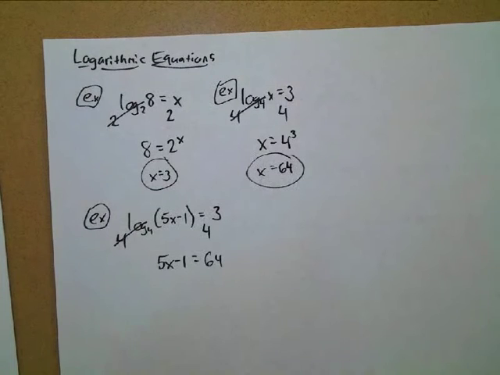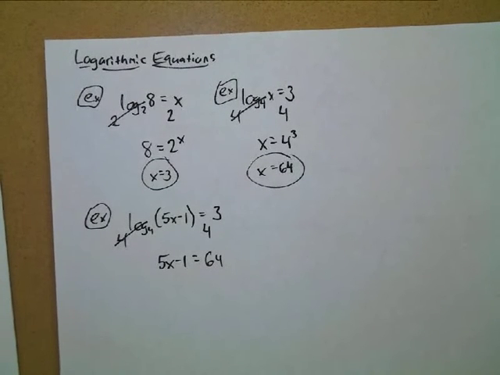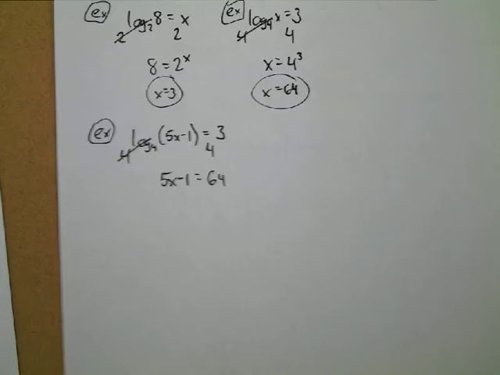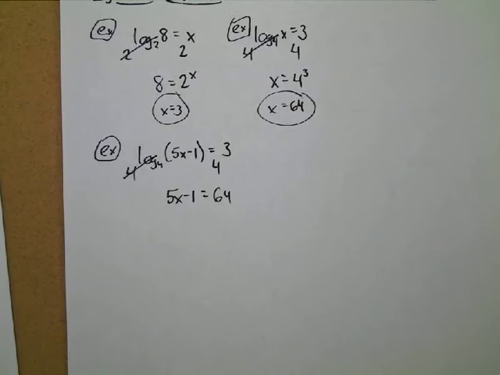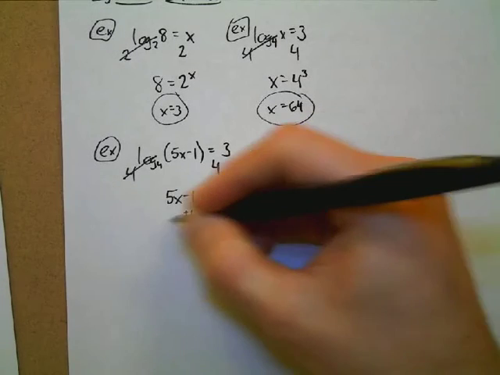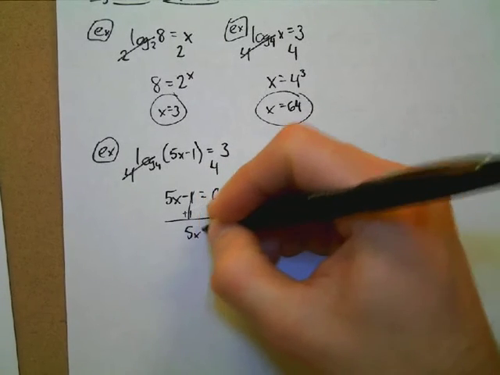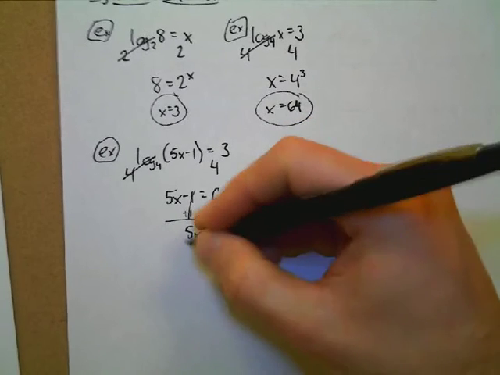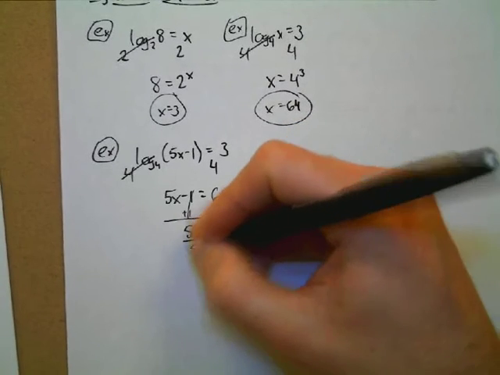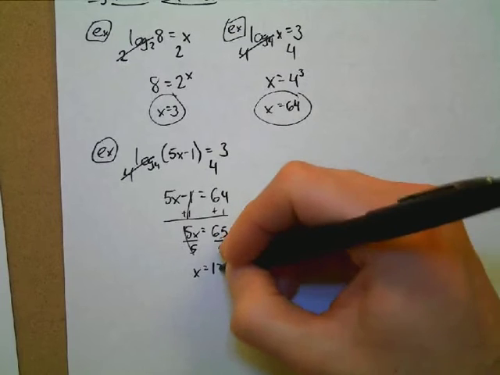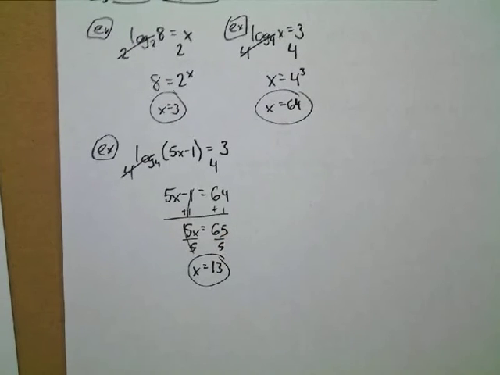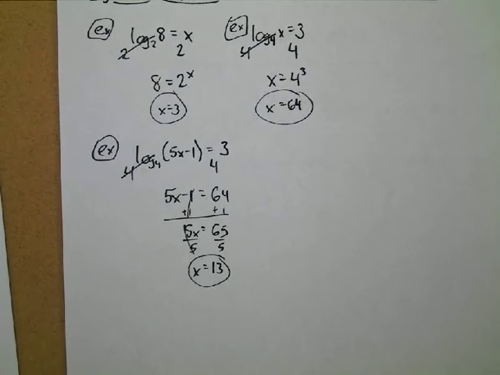Okay? And then at this point, right, it's like algebra 1. Maybe even pre-algebra kind of stuff, right? Add 1 to both sides. Divide both sides by 5. 13. Okay? So the algebra 2 part of this, your responsibility, right?